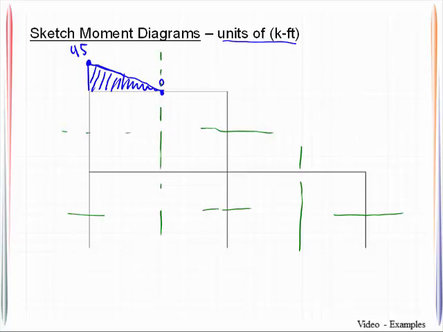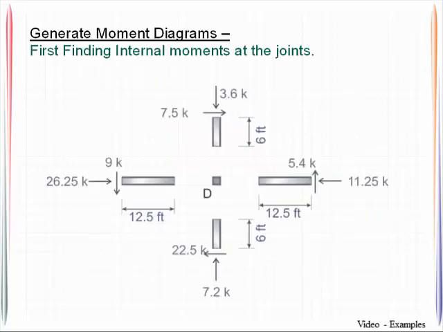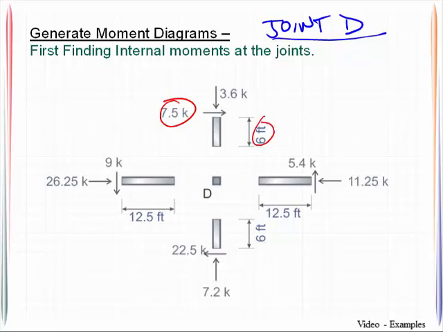But what you will quickly find out is that all these moment diagrams for each girder are anti-symmetric, meaning it'll come down here into this negative 45. Let me show you one more free body diagram just to drive this point home. Look at joint D, and then you can very quickly take these shears, multiply them by their moment arm, and you can get what these internal moments are.